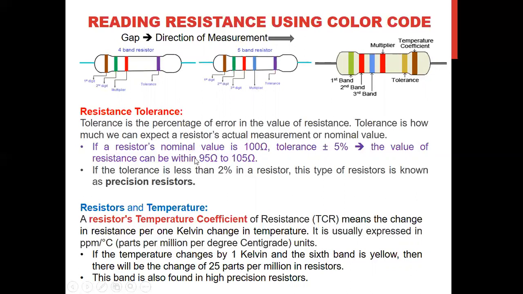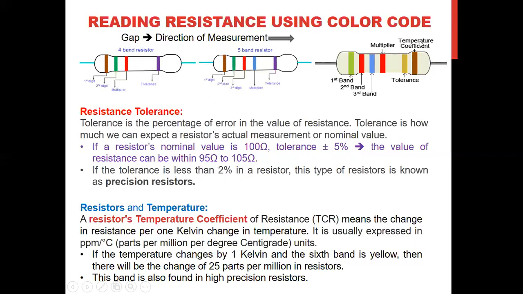The value can be minus 5, meaning 95, and plus 5, meaning 105. So the value can be anything within 95 ohm to 105 ohm. If the tolerance of a resistor is 2% or less, it is a very good or precision resistor. Depending on the tolerance, we have to choose which resistor is more usable for different applications.